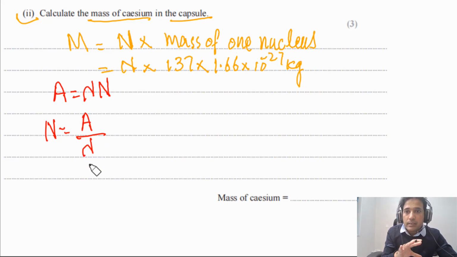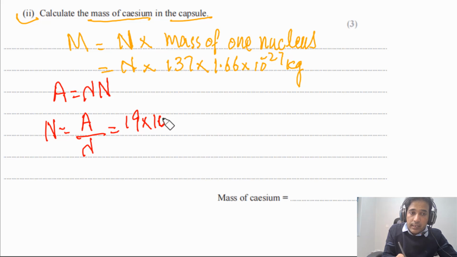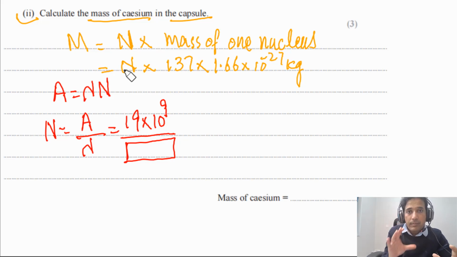Initial activity was 19 gigabecquerel, that is 19 times 10 to the 9, and the value of lambda we have just found in the last part. If we plug in the values we can find N, then plug N in here and find the mass.